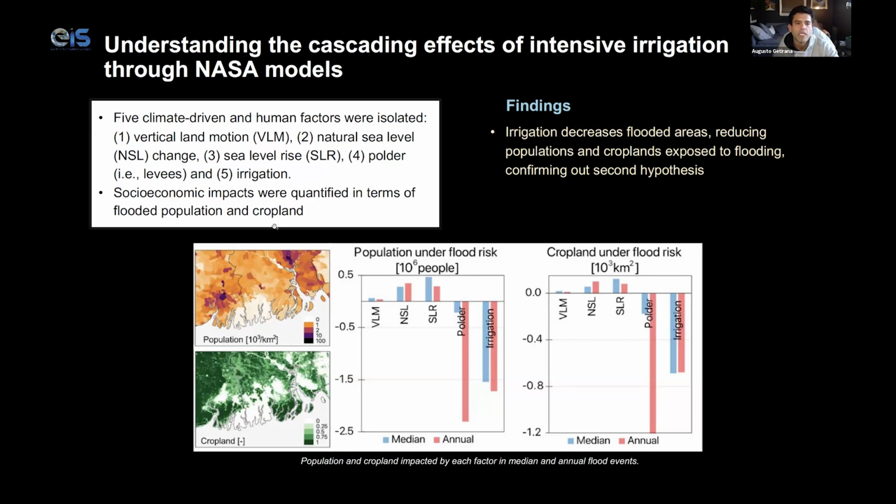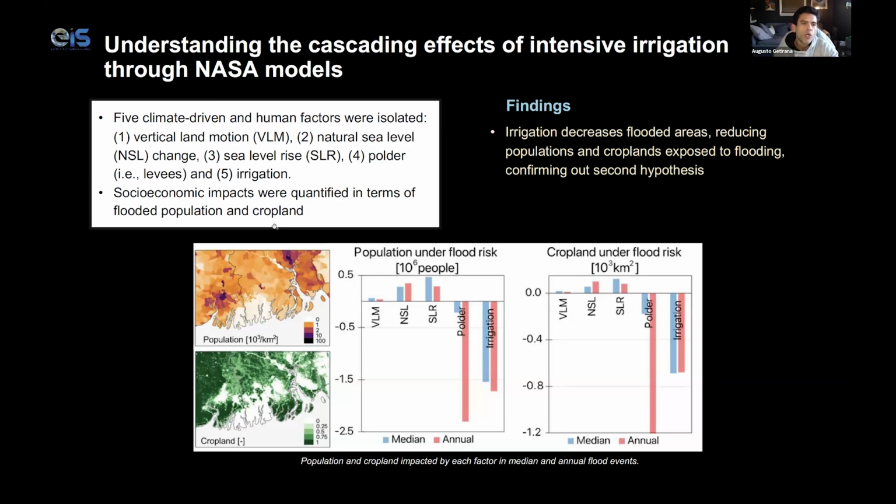Polders, on the other hand, protect several times more people and cropland during annual events than the median event, justifying their use. So they have a higher impact in more extreme events. Finally, we can notice that irrigation decreases flooded areas, reducing populations and croplands exposed to flooding. And that confirms our second hypothesis.